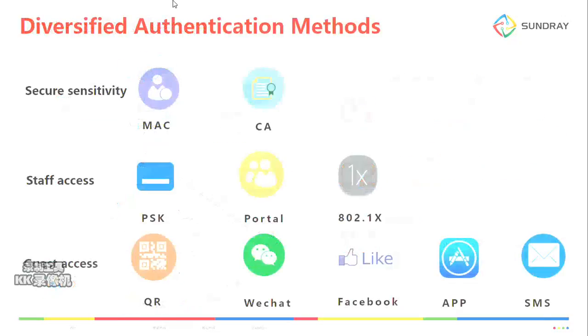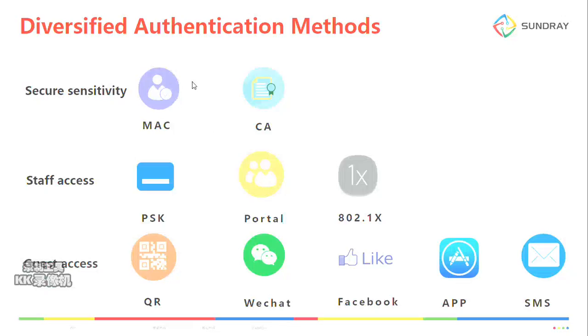So for the authentication methods, the first one is MAC address authentication. For security-sensitive cases, we can use MAC address authentication. Also we can set policy, for example, if you set the portal authentication, some devices like scanners don't support a browser, so we can use MAC address authentication with high priority.